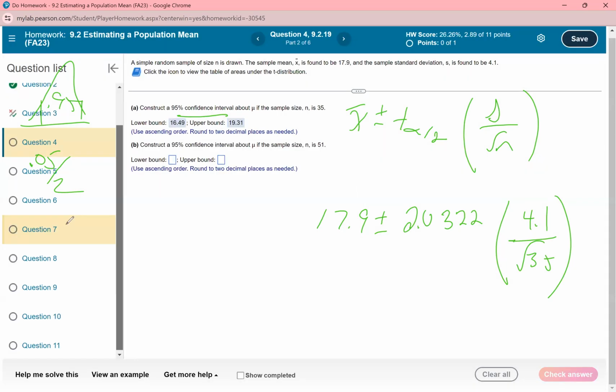All right, so part B, how's this changing? Oh, the sample size changed. So if the sample size changed, then I'm going to make this be 51. When I do my inverse t, my degrees of freedom will now be 50. And that means my t is now 2.0086.